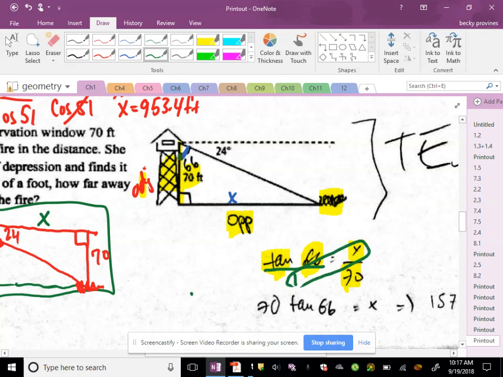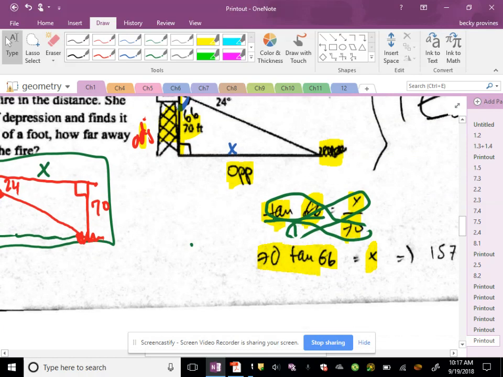1 times x is x. What is 70 times tangent 66? Remember, the 70 goes in front. I'm sorry, the handwriting is really poor on this. 70 tangent 66. So guys, you just type this into your calculator. Type in 70 tangent 66.